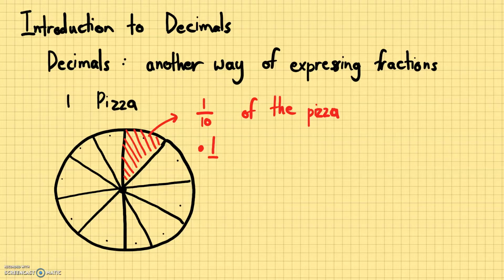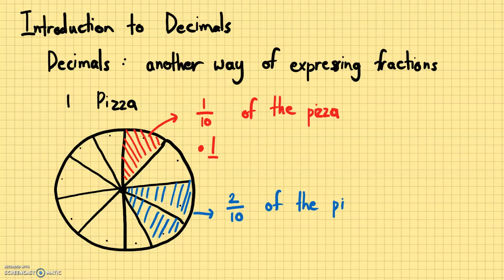Let's say I ate 2 pieces. So let's say I ate this one and this one. What would that be as a fraction? Well, that as a fraction would be 2/10 of the pizza. And as a decimal, that's just going to be 0.2.